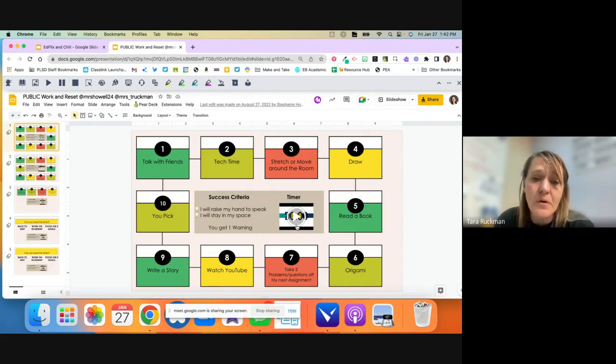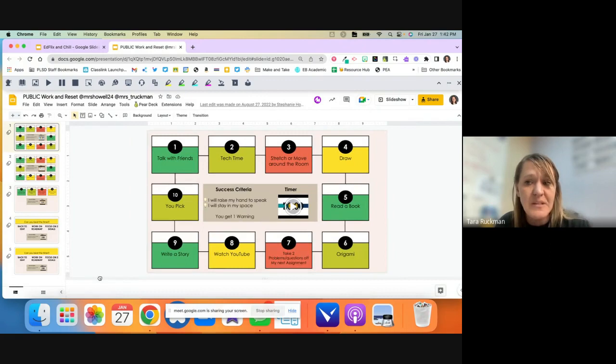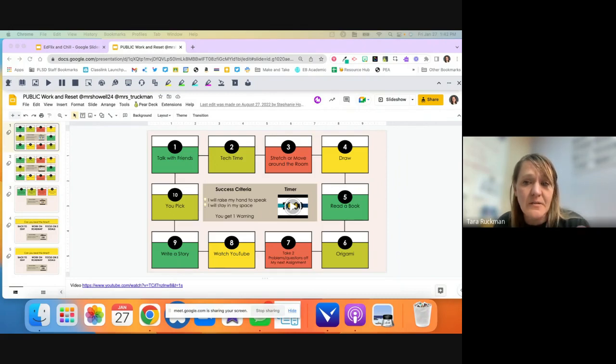If you've ever heard of the Pomodoro technique, this is in line with it. Besides helping to manage behaviors, it also helps students develop time management and think about how to be productive and stay focused for that specific amount of time.